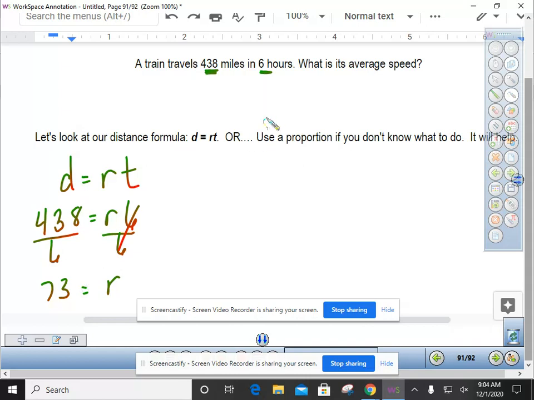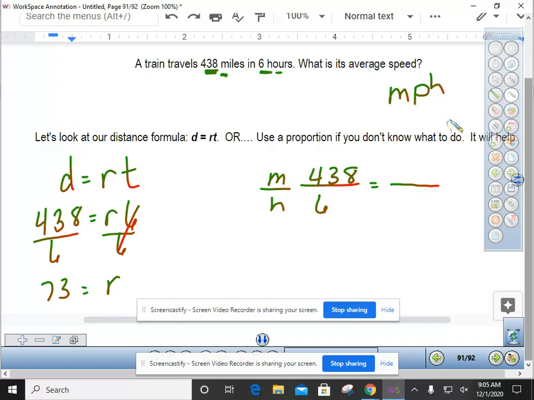All right. Then it says, or use a proportion if you don't know what to do. What are the words here? Miles and hours. So it went how many? 438 miles. In how many hours? 6. And it wants to know average speed, which is miles per hour.